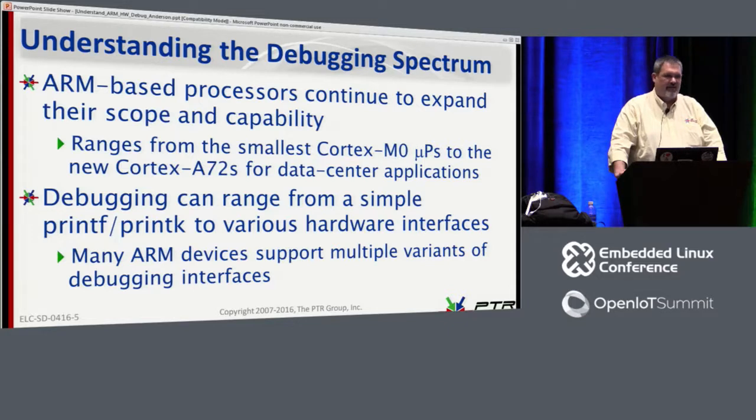TrustZone has been inside of the A processors for quite some time, but they have everything that ranges from really small Cortex-M0 microprocessors all the way up to the Cortex-A72s. So these are big 64-bit platforms, and of course this is ARM's move against Intel to try and take some space in the data center from them.